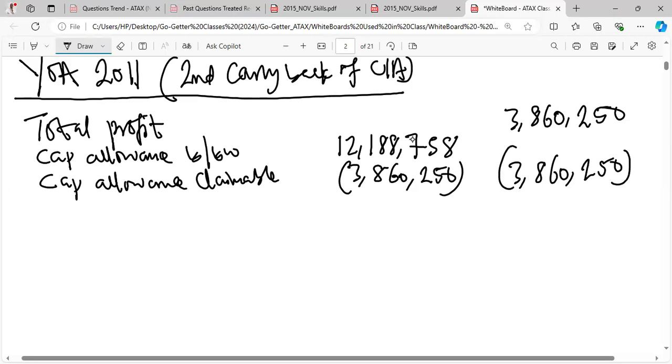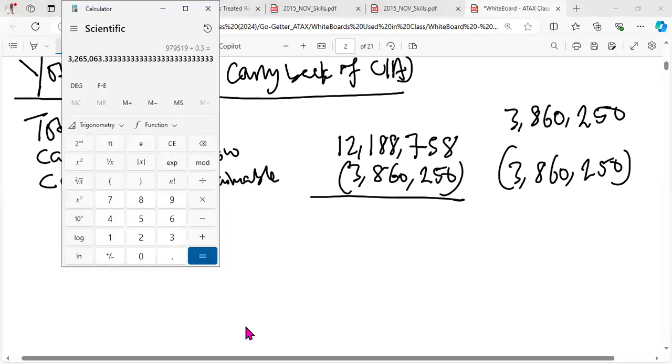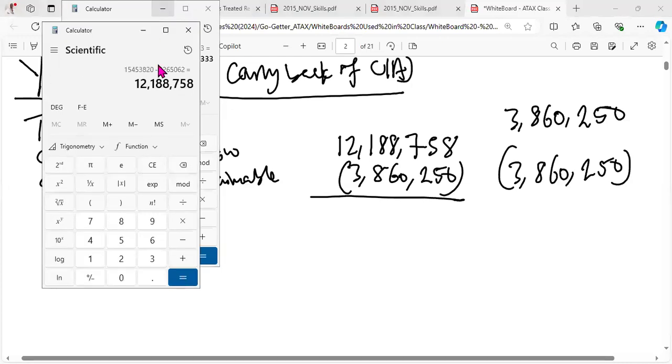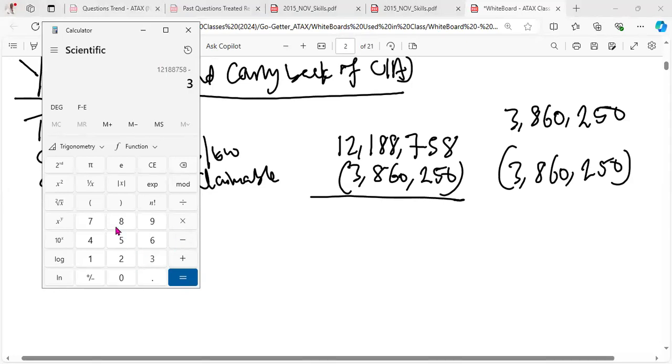So when we remove this from 12,188,758, we remove 3,860,250. That gives us 8,328,508.